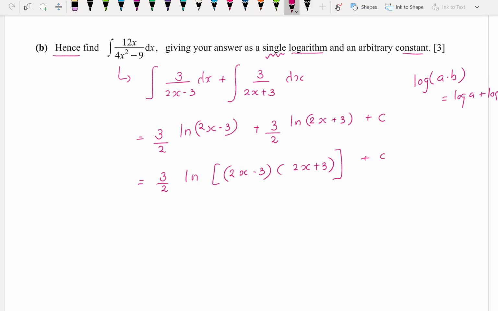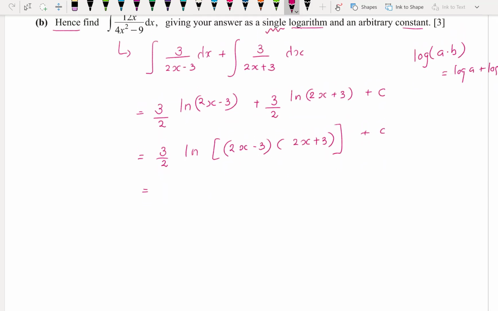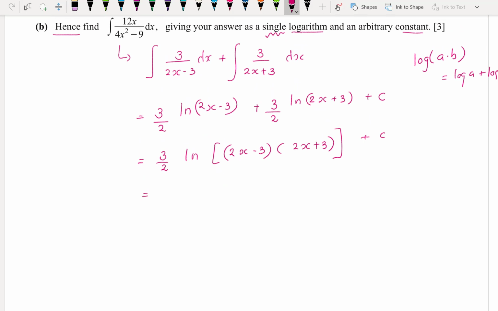Is it okay so far? Yeah, it's fine. Okay, now let's simplify the inner part. It's going to be 4x square minus 9. Okay, Amrita, what do we have? Look at this. There is ln with 3 by 2 and plus c.